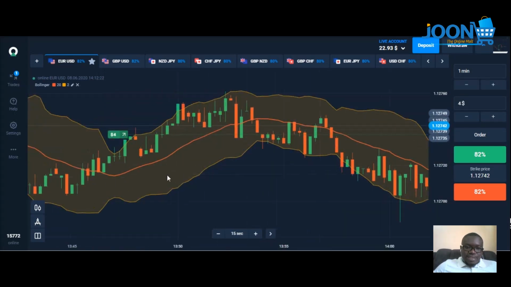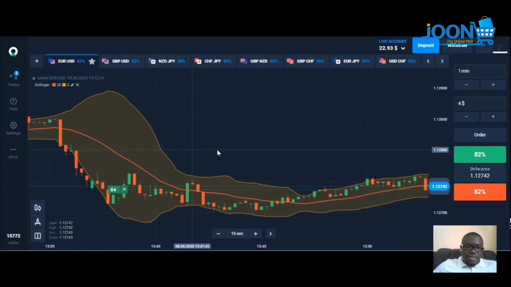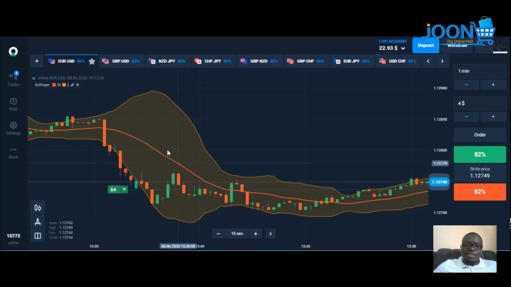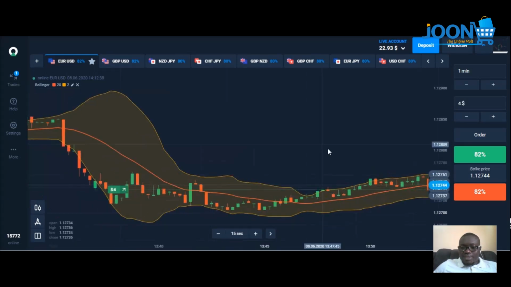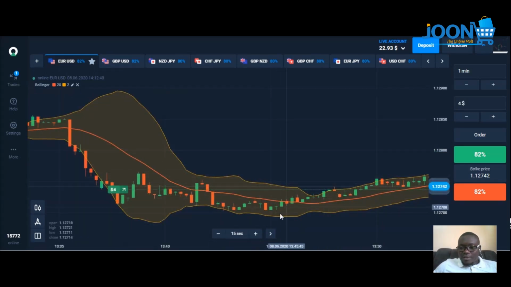If you scroll the chart, you will also notice that we had high volatility here. When there is volatility in Bollinger Bands, you will notice an expansion of the bands, both on the higher and the lower side. If there is low volatility, then you will see the channels narrowing, forming a narrow channel in between the bands.